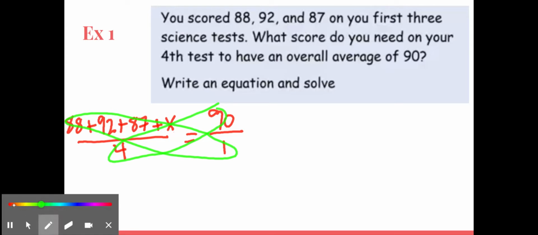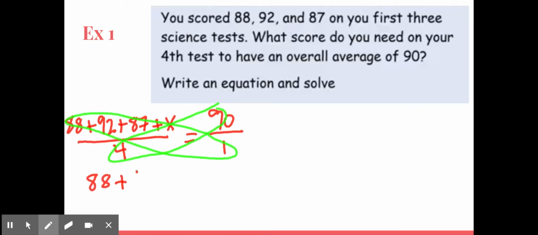And this is why we're multiplying both sides by 4. 4 gets multiplied by 90. And then this whole numerator, 88 plus 92 plus 87 plus x, gets multiplied by 1. Anything getting multiplied by 1 is just itself. So I'm just going to rewrite that exactly as it is.